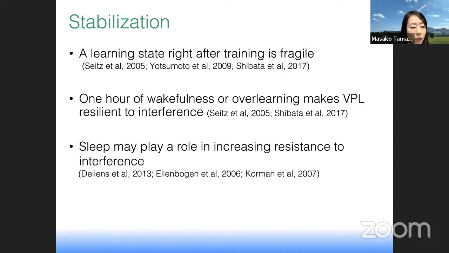Also, previous research has shown that 1 hour of wakefulness or overlearning makes learning resilient to interference. Additionally, it has been shown that if sleep occurs after acquisition of learning, then learning becomes resilient to new learning after sleep. So this suggests that sleep also plays a role in stabilization of learning.